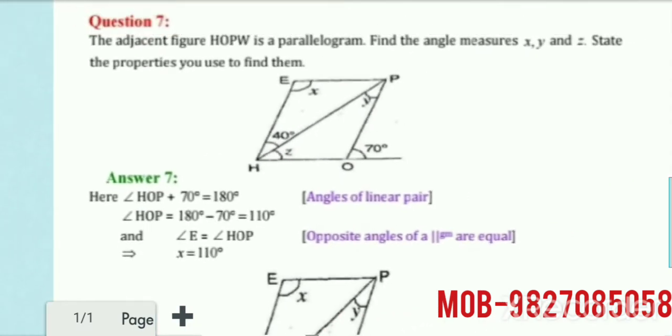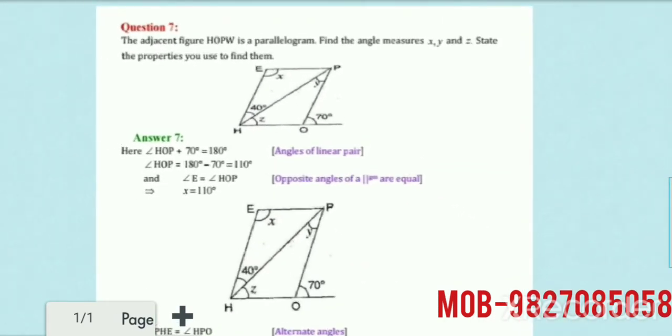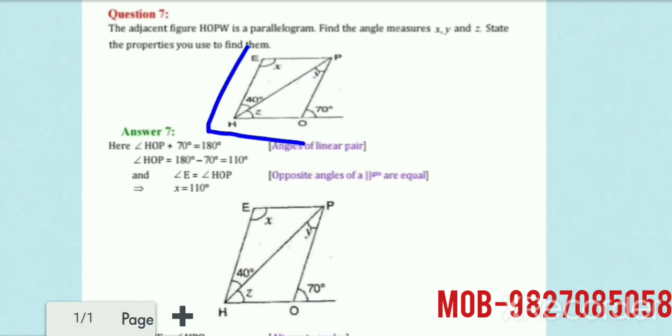Now question number 7 is the adjacent figure HOPW. This is HOPW. Okay, no, this is W. Find the angles x, y and z. Here HOP means angle O plus 70 is equal to 180.